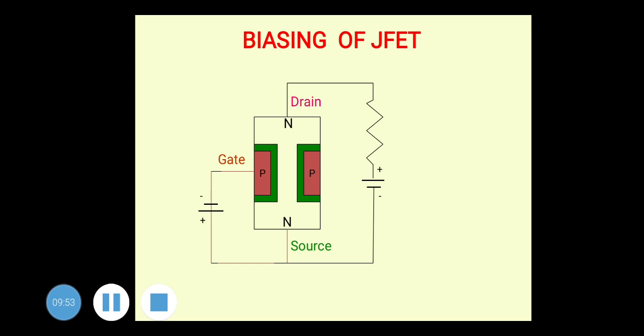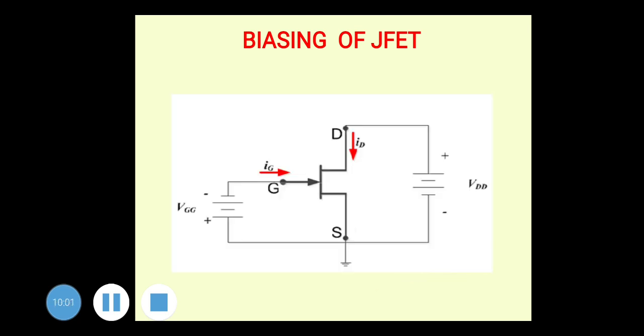The drain voltage source is known as VDD and the gate voltage source is known as VGG. Using the symbol of JFET, you are going to draw it like this. Your VDD positive terminal is connected to the drain and the negative terminal of VGG is connected to the gate, and the source is common for input, gate and drain as well.